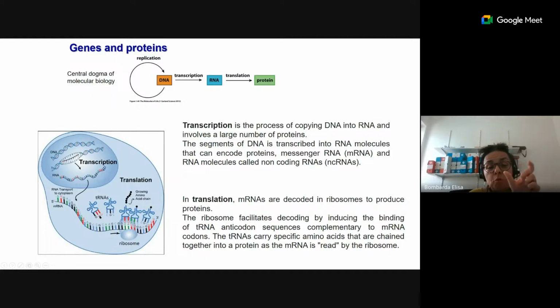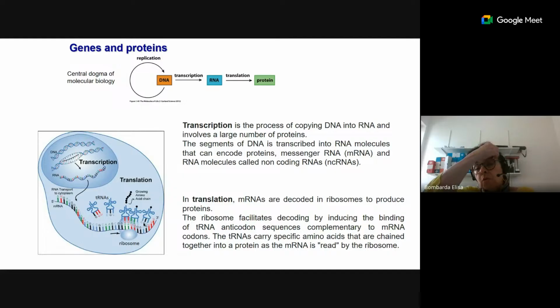sequence. The codon is a code made of 3 bases, and what the transfer tRNA actually transports is the amino acid. It comes from here, and it has an amino acid linked. So it reads the codon and calls the appropriate amino acid to form the sequence of the protein.